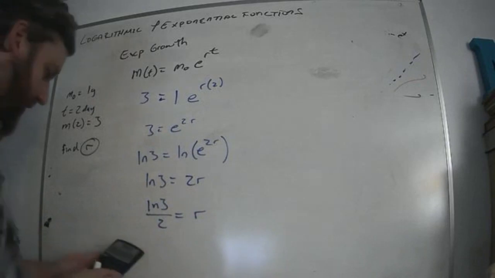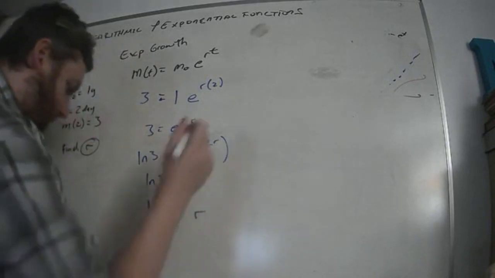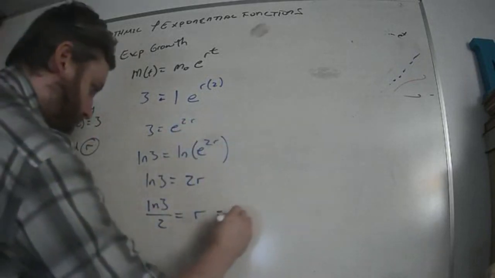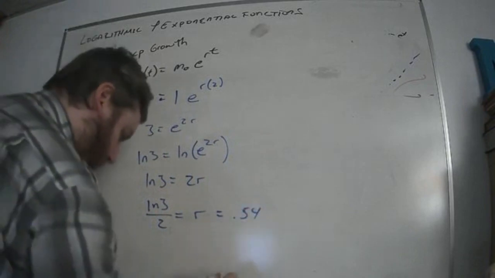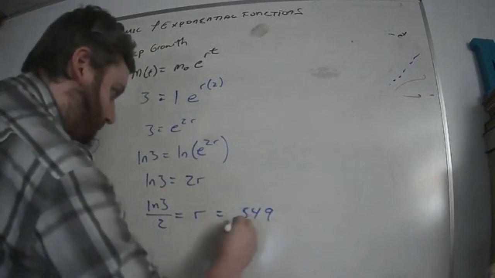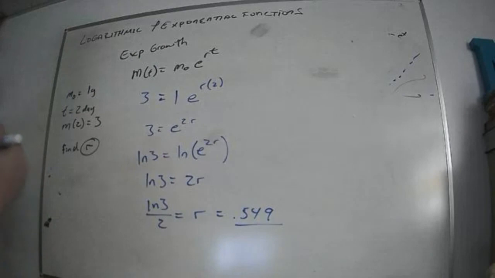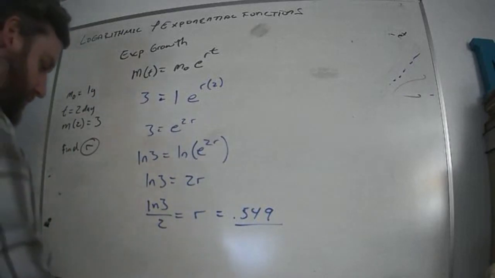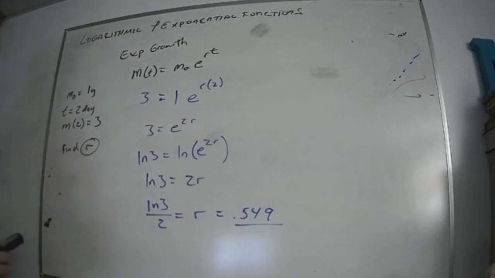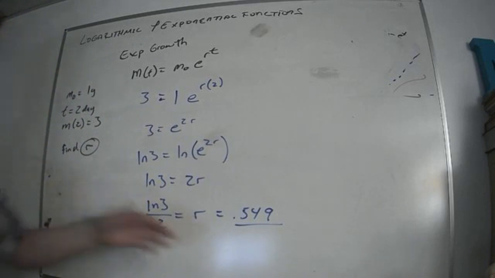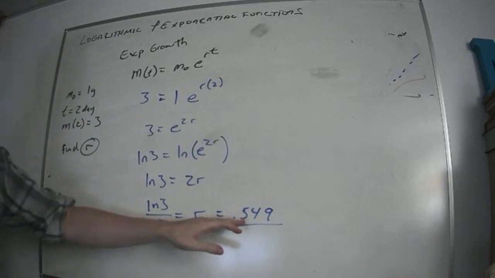And this gives me my rate is 0.549. So this is my rate of growth per day. So every day, in this case, if I started with 1 gram and I ended up with 3 two days later, it meant that every day I experienced a growth of this much.